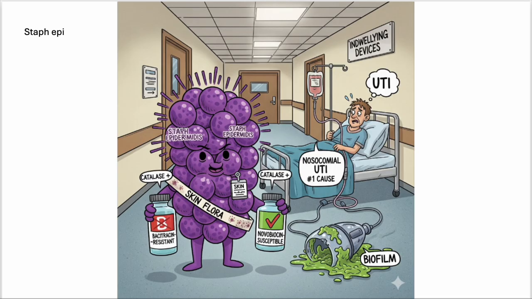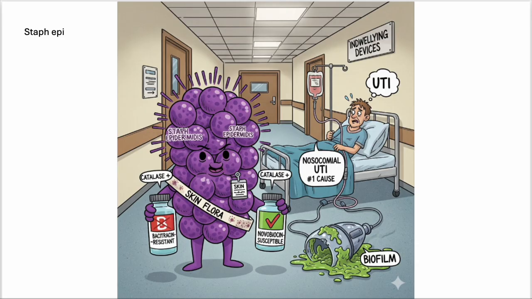Okay, next up, staph epi. So this is one of our coag negative, which Micrococcus was also coag negative, but another one of those. And this one is novobiocin susceptible.